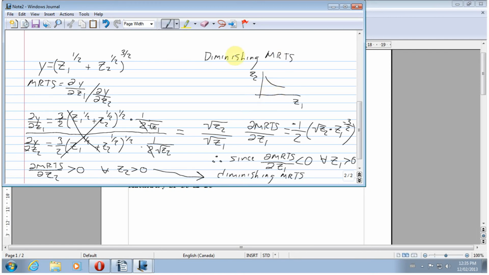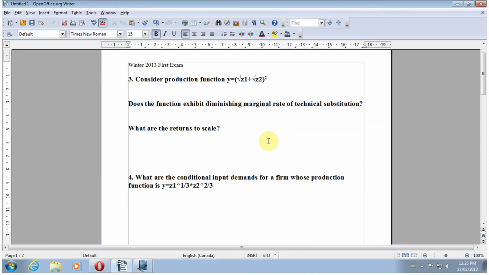Okay, so coming back to the question set so that we can see question 4. I just realized how small that me doing question 3 is going to look on your video, so I'll make it bigger when I do question 4. So what are the conditional input demands for a firm whose production function is y equals z1 to the power 1/3 times z2 to the power 2/3?